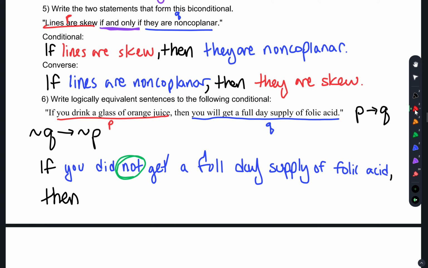So, if you did not get a full day supply of folic acid, then you did not drink a glass of orange juice.